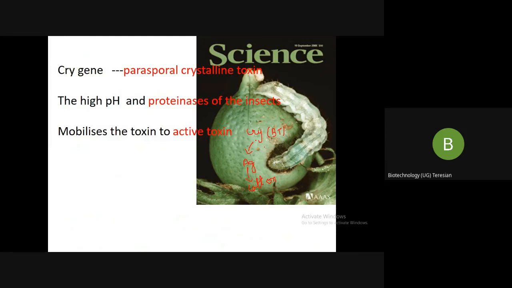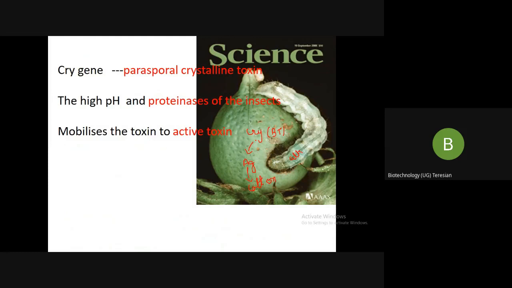So the protease enzyme and the alkaline pH will become favorable for the cry genes. It is called a parasporal crystalline toxin. That is, it is not active. It is in the inactive form. So only when they enter into the insect, because of the insect's gut, which has alkaline pH, and because it has this protease enzyme, the toxin will become active.